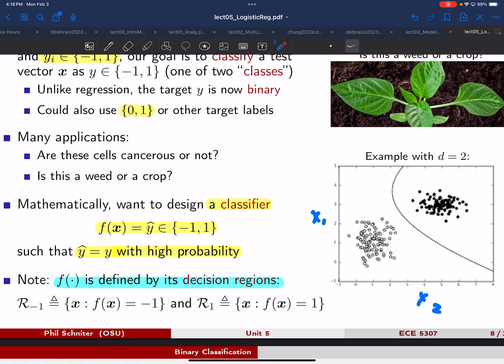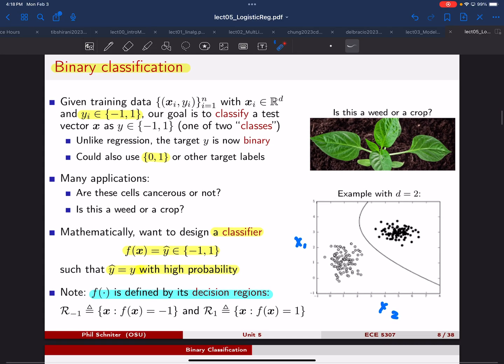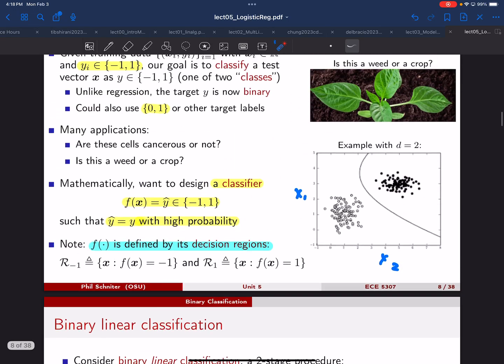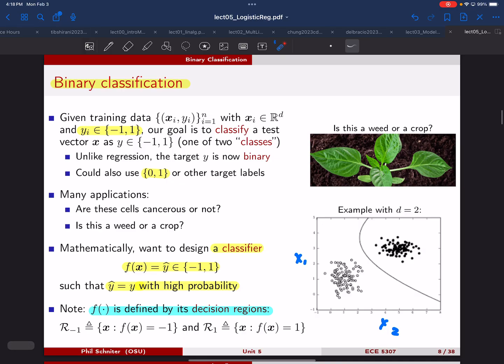And according to this classifier, whenever it's over in this region, f(x) is -1. And whenever it's in this region, f(x) is +1, just as an example. Okay, so that's our goal. Any questions?